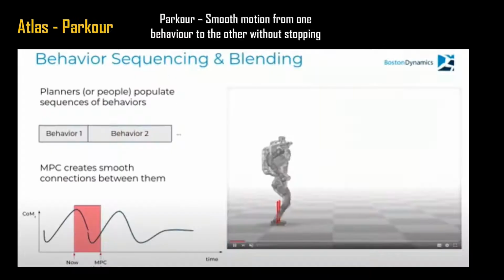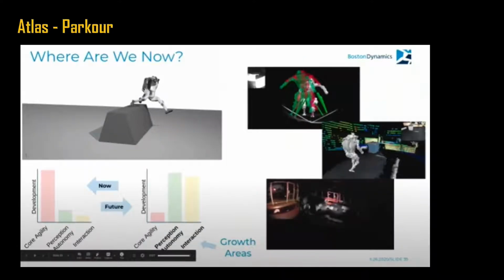The environment is still structured, for example, for parkour. They're starting to do more perception in an autonomous way and interaction, but in the future they said they would focus more on perception and do it in a more autonomous way. They say this is one of their growth areas that they want to target in the future.